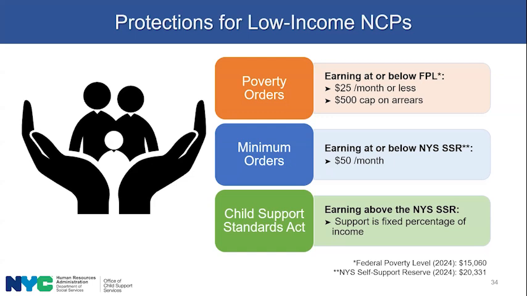Earning above the self-support reserve, that's when the Child Support Standards Act kicks in. So protections are in place for low-income NCPs if they show up and provide proof of their income.